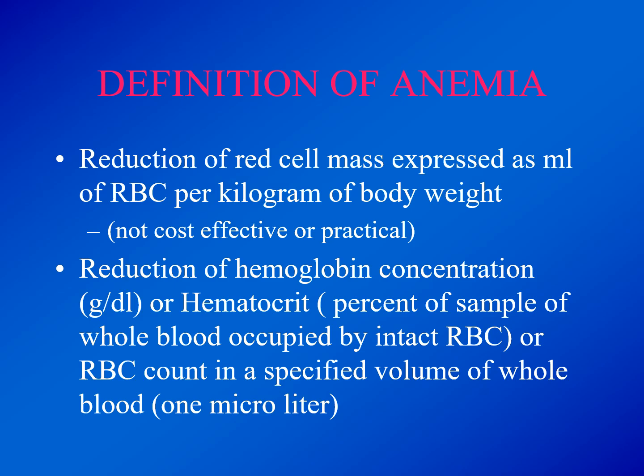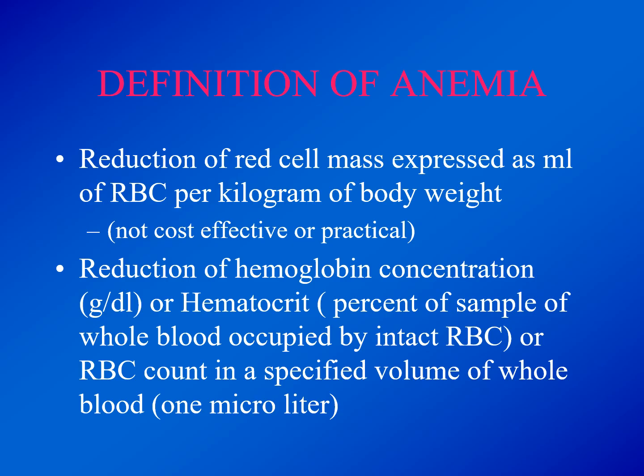How do we decide if somebody is anemic? The best definition of anemia is to determine the amount of red cell mass expressed in milliliters of RBCs per kilogram of body weight. This is not easy or practical to measure. We have to sometimes do sophisticated tests with radio-labeled red cells to find out what the red cell mass is.